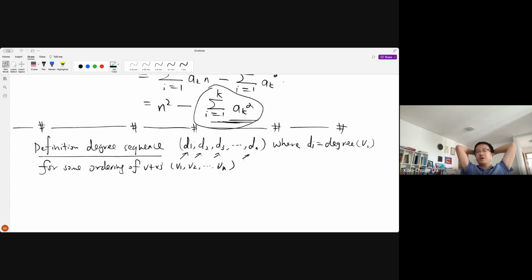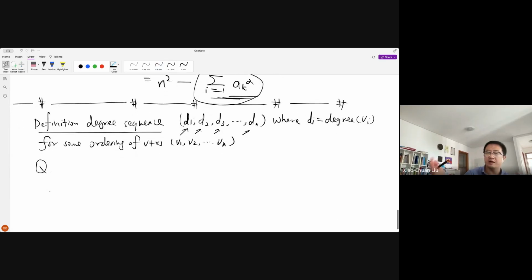The first theorem today says that the sum of them is 2 times the edge number, right? But now, okay, wait, we don't want to take the sum. I want to understand the sequence in general. So I want to ask this question: what kind of sequence can it be? It's actually the question Erdős realized and solved immediately.